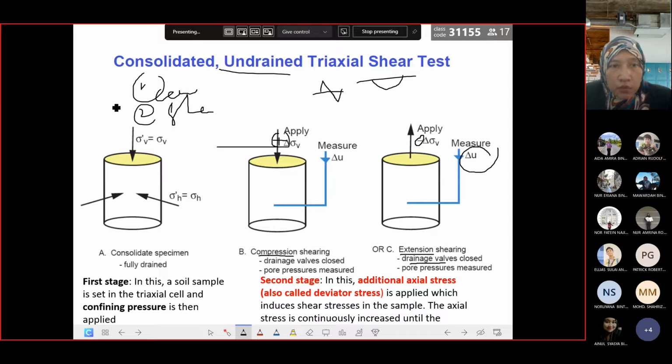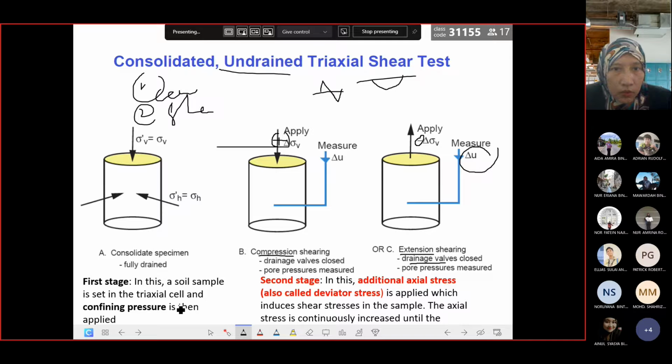So the explanations about the wording just now can be presented in the chamber of sample triaxial. Contohnya, kalau you look at the first one here in the initial conditions, this is the case yang mana fully consolidated dan juga sample dalam keadaan undrained.